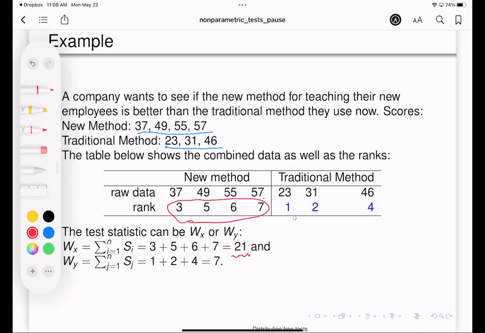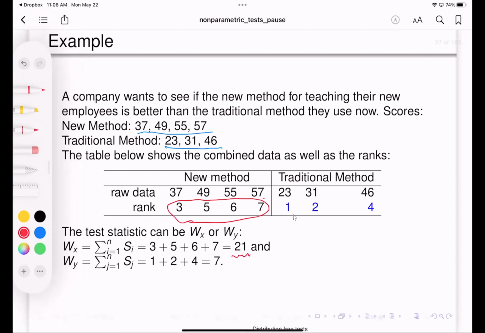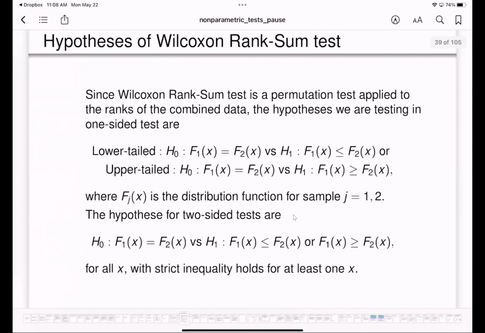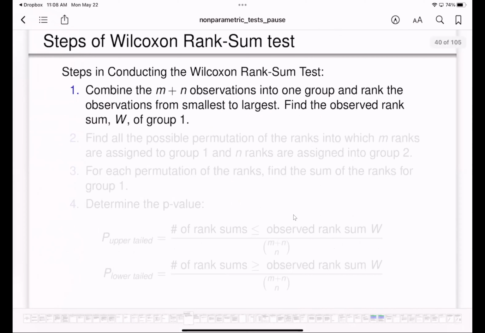If we use this one, we would first need to figure out what the other possible sums of ranks are for those in the first sample, the new method. To do so, let's list them together. Before that, we'll talk about the hypothesis.